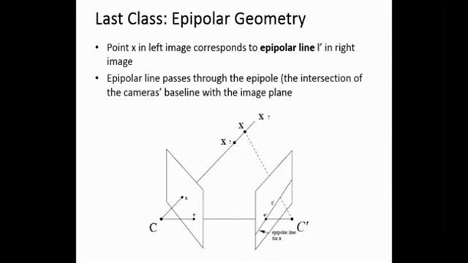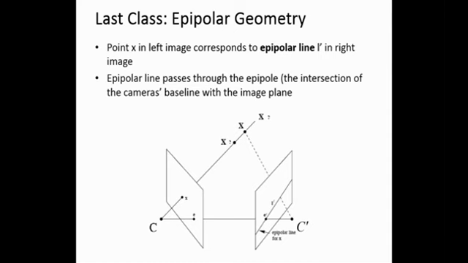So just to remind you of two of the major concepts from the last class that we're going to reuse. One is epipolar geometry. The basic idea of estimating 3D points from images is that you need to solve the pose of those images, and then you can triangulate to solve for the 3D points. And so epipolar geometry gives us one of the main constraints between two camera poses that are of different positions.